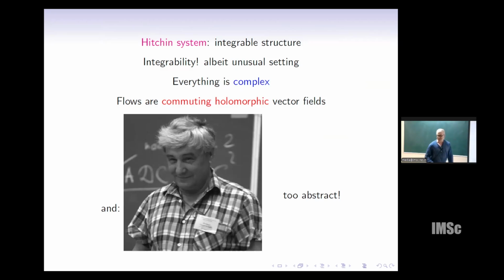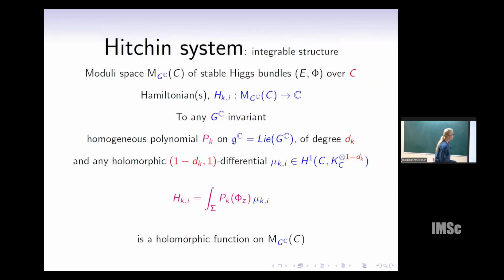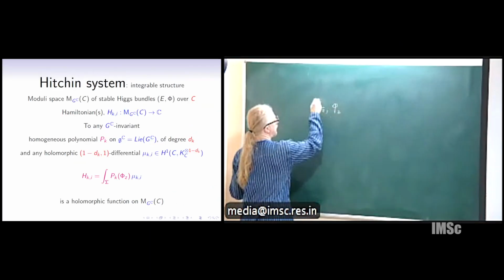I have one question. Can I understand this Hamiltonian? What kind of transformation does it generate? Yeah, that's very complicated actually. So of course, if I do this before the reduction, my phase space is the space of pairs A_z bar and phi.